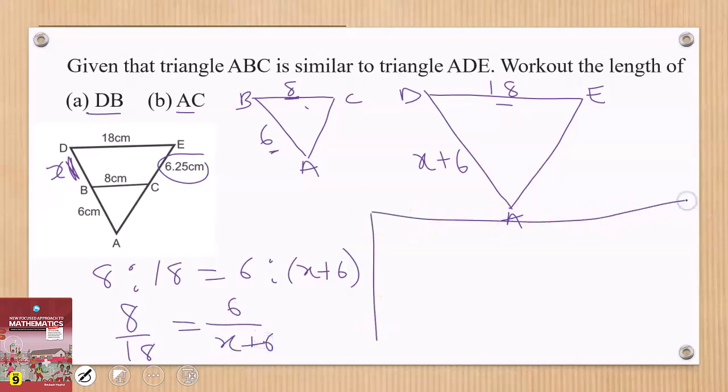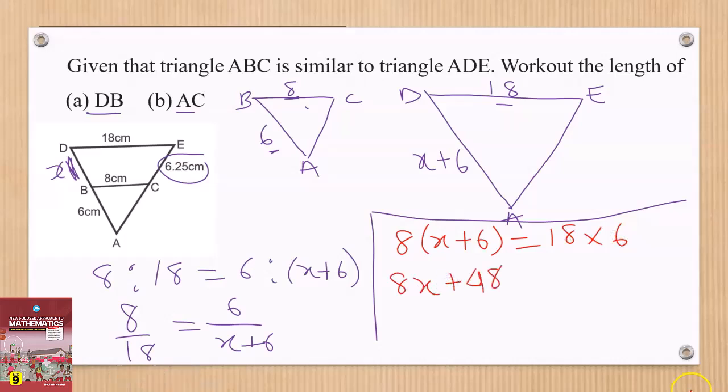Now we can simplify this work further. When we do the cross multiplication for this, we can say that 8 will multiply X plus 6, and then 18 will multiply 6. So when I expand this, I have 8x plus 48, and again we have 18 times 6.